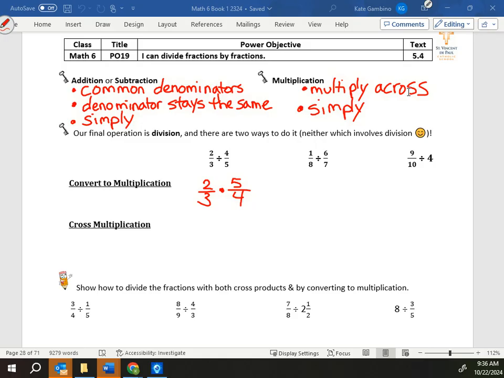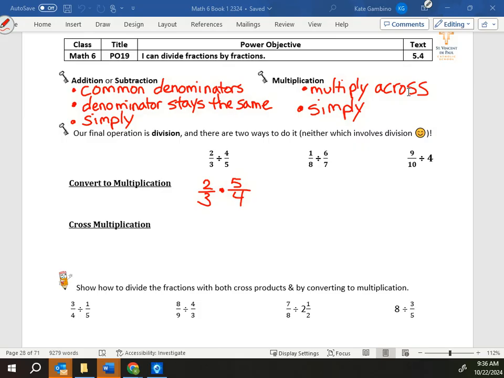Then we do our math. We know how to multiply fractions. We've already done that in the last couple of chapters. So we multiply like normal. The big difference was we had that reciprocal of only the second fraction. Like Bennett said, that first fraction you don't touch. First fraction stays the same.